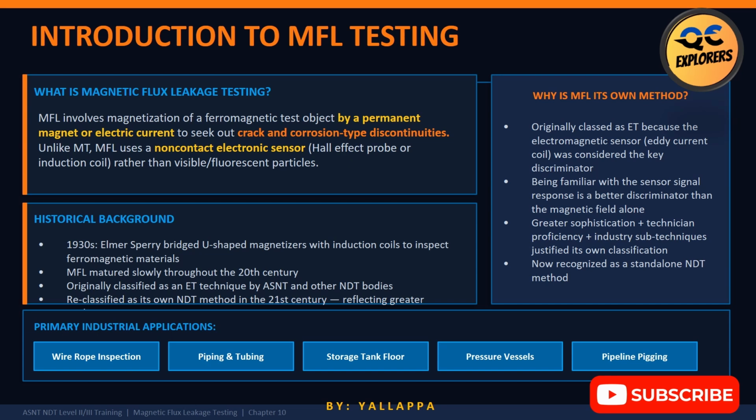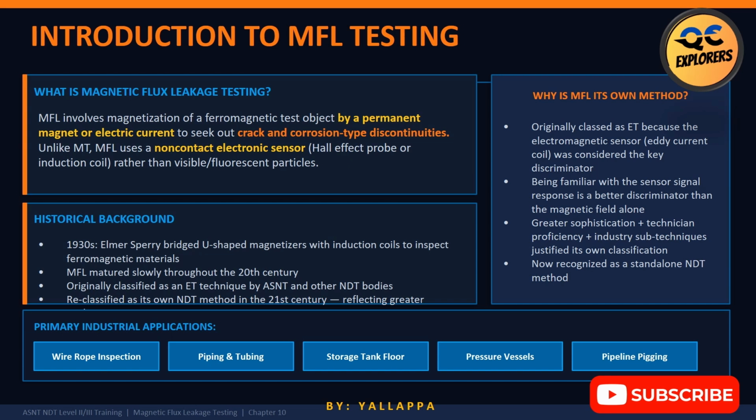Suppose you are inspecting a large storage tank bottom plate. The floor plate may have underside corrosion caused by moisture trapped between the plate and foundation. You cannot see the corrosion externally. But when you magnetize the plate, metal loss disturbs magnetic flow. That disturbance creates leakage. The sensor detects it. That is MFL.